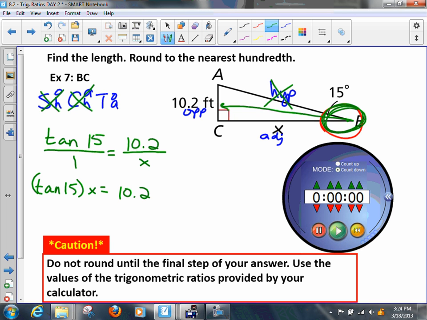But this is the angle that is opposite this side. If x would have been the opposite, I would have circled A. Okay? Then, divide by tangent of 15.